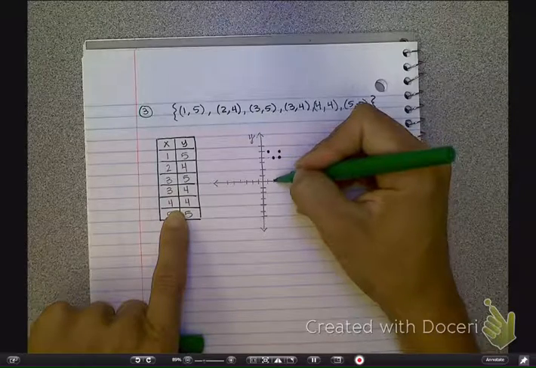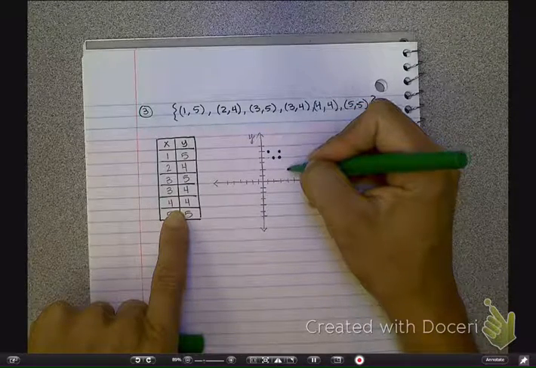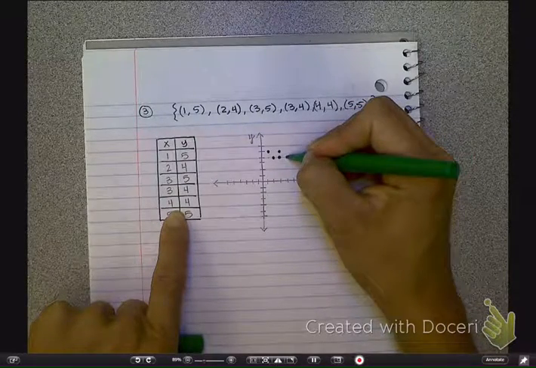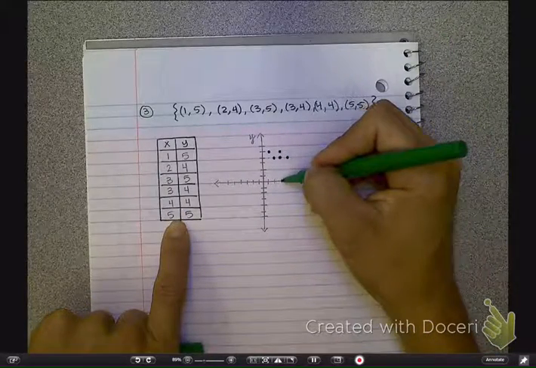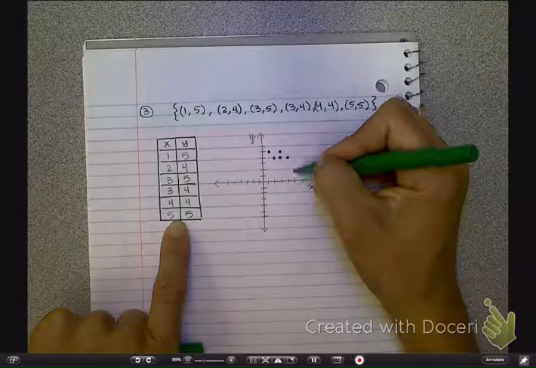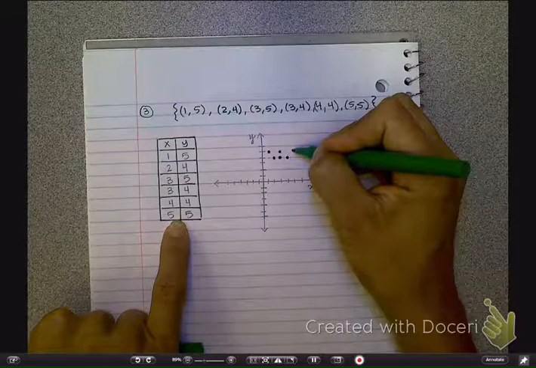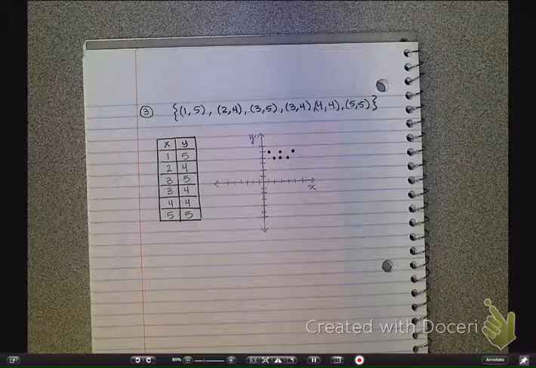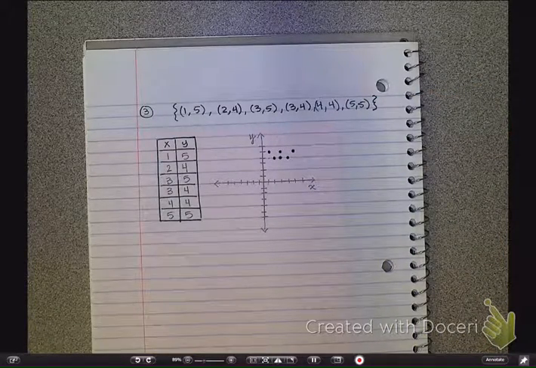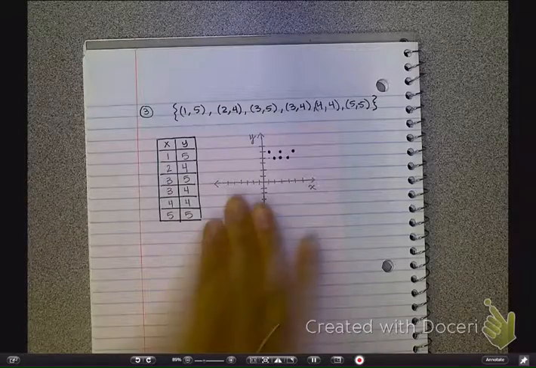Over 1, 2, 3, 4, up 1, 2, 3, 4. And last 5, 5, over 1, 2, 3, 4, 5, up 1, 2, 3, 4, 5. There we go. Okay, so there is my relation right there on a graph.